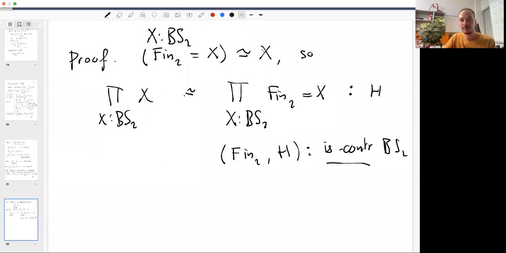It's not contractible. Two-element types are certainly not contractible. But we also know that all contractible types must have contractible identity types. So BS2 is not contractible. We know that from its characterization of identity types. And that's why we cannot have such a section. Is that clear?